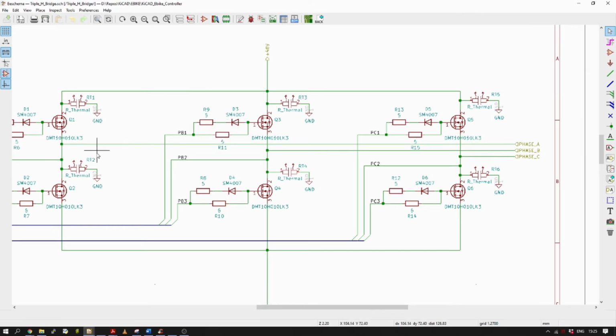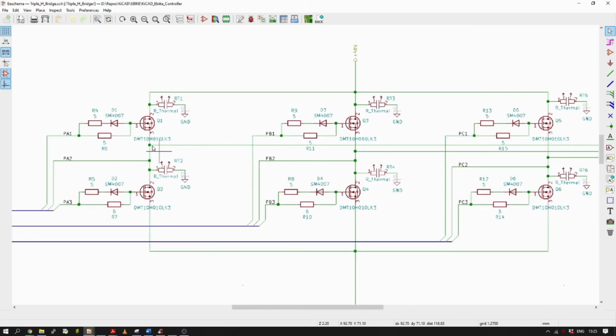But what I've done is I've probed this point here, the drain of the lower MOSFET, and I've also probed the gate of the low side MOSFET, so that we can see as this Q1 turns on, we'll suddenly get a very high voltage.